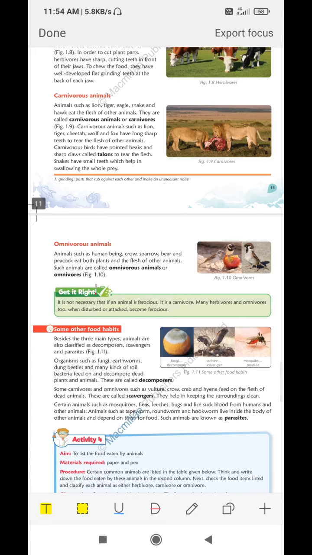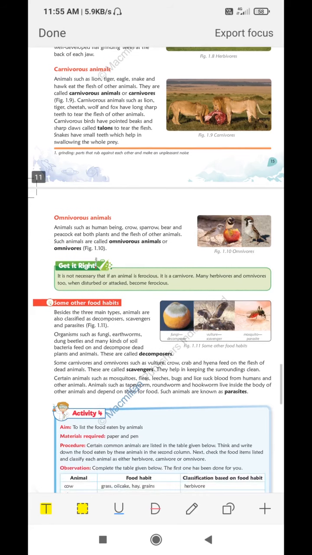And some birds like vultures, crows, these all are natural scavengers, because they will eat waste material in the atmosphere. In rural areas, we throw away dust and waste, so those will feed on it. Hyena feeds on the flesh of dead animals.